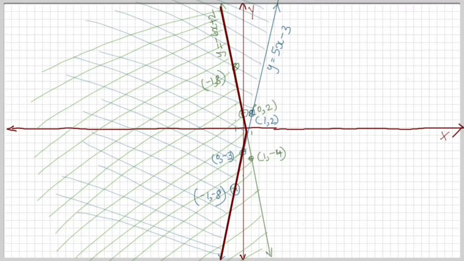The inequality represented by y less than or equal to -6x plus 2 is this line, and the other inequality is represented by y greater than or equal to 5x minus 3, right? Look at those two inequalities. They intersect here.